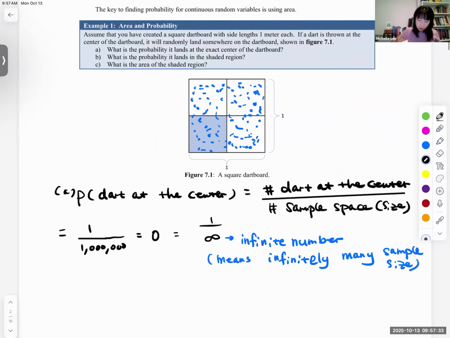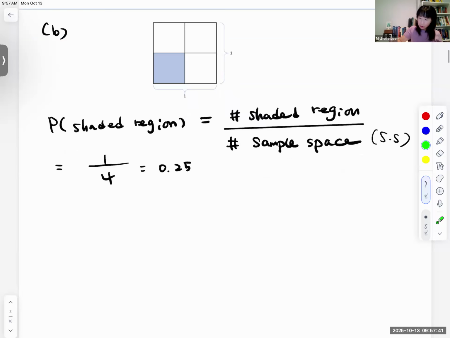Now, the third one: what is the area of the shaded region? Once again, we can see it from the picture, right? What's the area? That's weird. All of a sudden we want to find the area. We were talking about probability, right?